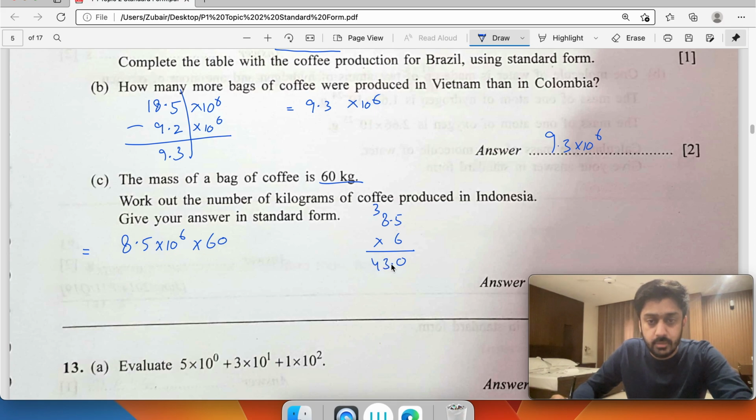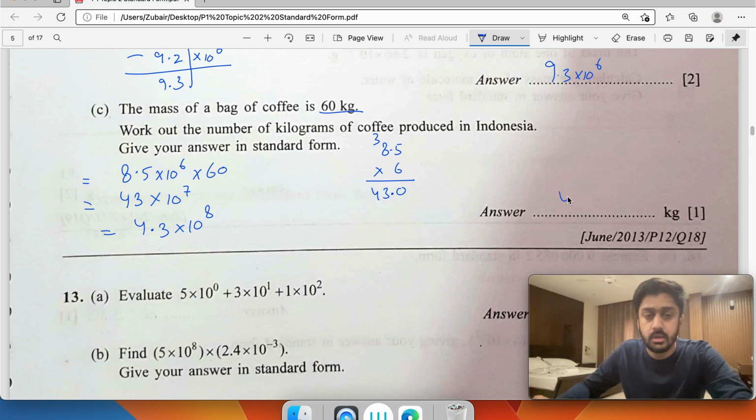This decimal right here makes it 4.3. So 6 times 8.5 is 43. Give this 0 to this 10 raised to power 7. Convert it into standard form. Reduce from here, you increase on the other side. So 4.3 times 10 raised to the power 8.